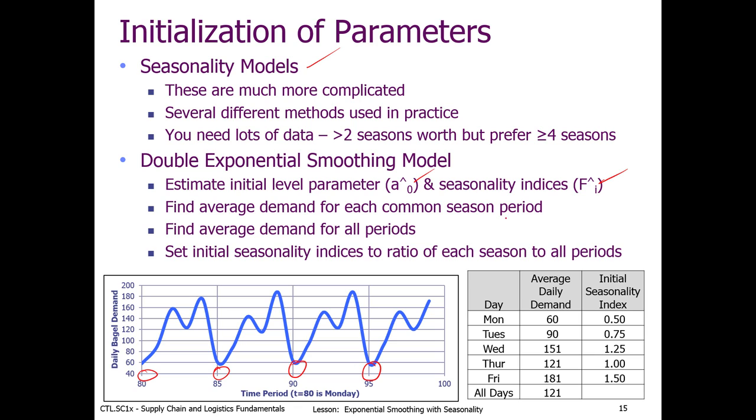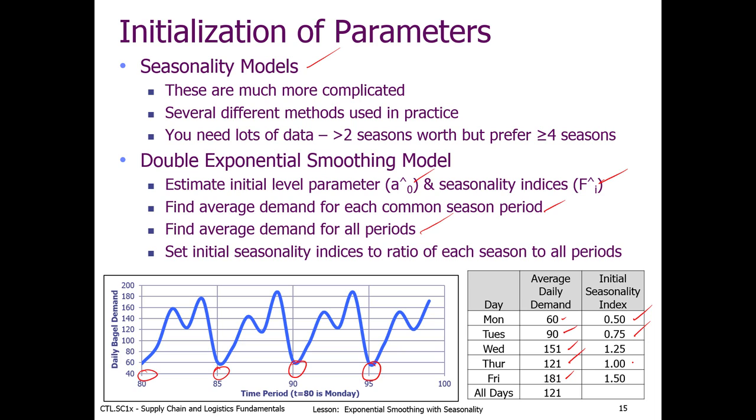Well, I want to find the average demand for each day, in this case, each common season period. So I find the average demand on Mondays, the average demand on Tuesdays, Wednesdays, etc. Then I find the average demand for all the periods. I've got that, and then I simply divide. 60 divided by 121 is 0.5. 90 divided by 121 is 0.75.